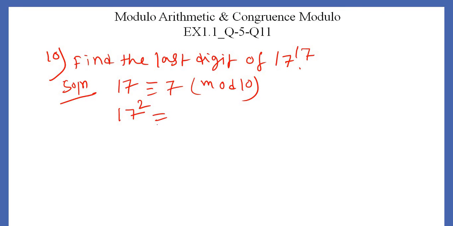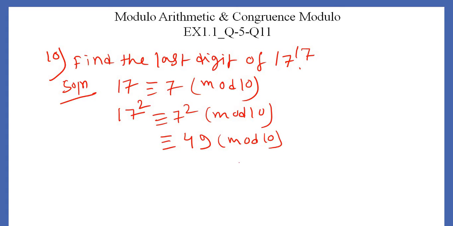So we write 17 square congruent to 7 square mod 10. What is the value of 7 square? 49. And if you divide 49 by 10, what would be the remainder? 9. Therefore we can write 17 square congruent to 9 mod 10.